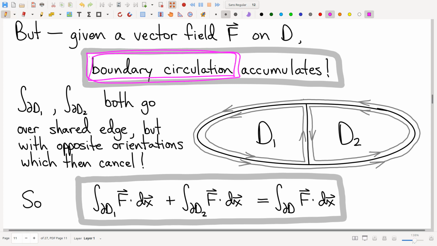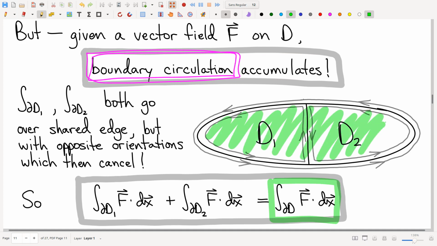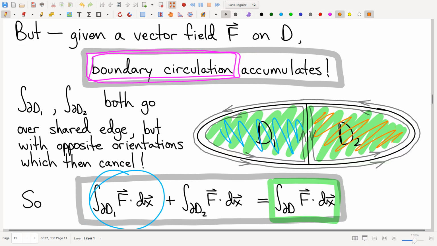So in particular, if I were to think about the boundary circulation for this whole region, and if I were to look at the boundary circulation specifically just around the left side, and then the boundary circulation specifically only around the right side, I claim that these add up. I claim that the green boundary circulation is equal to the blue plus the orange boundary circulations.